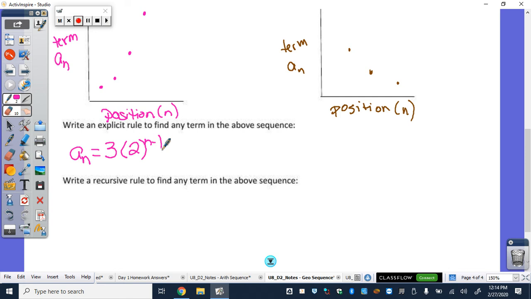There's our explicit rule. Our recursive rule, remember recursive always has 2 parts to it. You always have to state your first term. And then we're multiplying 2 by the previous term. So 2 times a sub n minus 1 would be our recursive rule for that one.